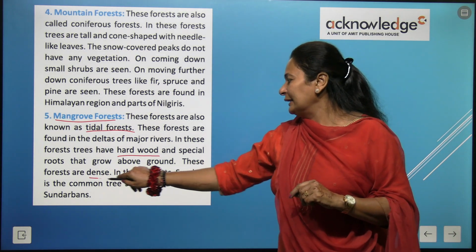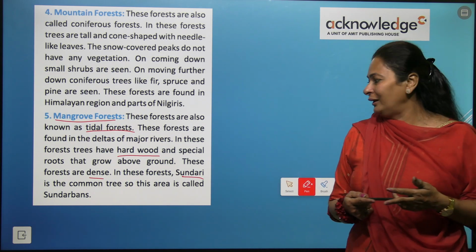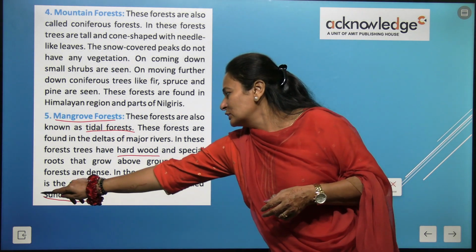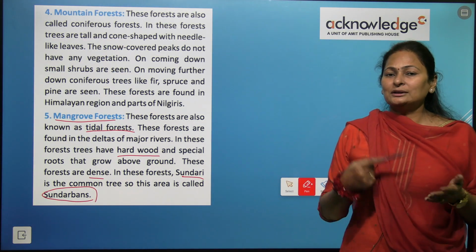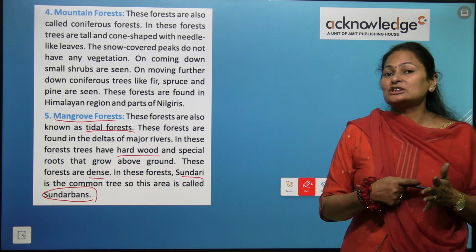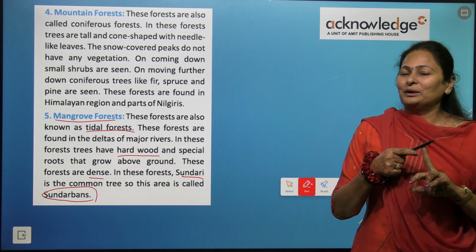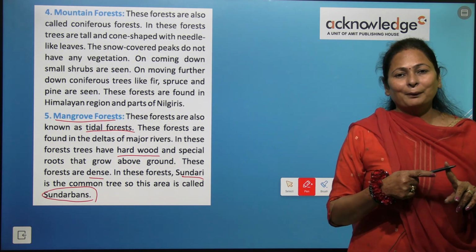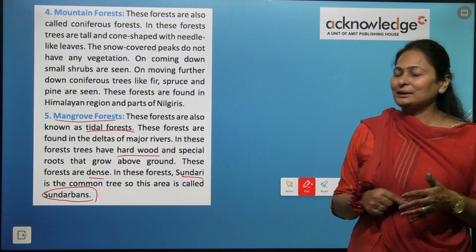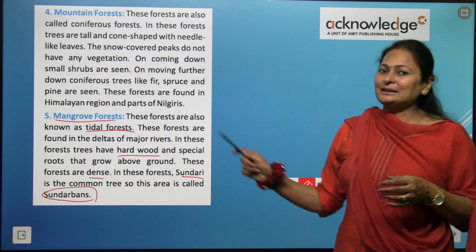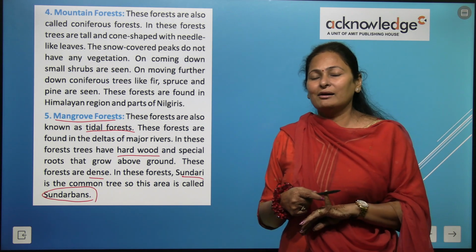These forests are dense again. In these forests, Sundari is a common tree, and that is why it is called Sundarbans. Sundari trees grow here, so this delta is called the Sundarban. The delta that is made by the Ganga and Brahmaputra, right, kids? So this kind of forest is called mangrove forest, and another name is tidal forest.